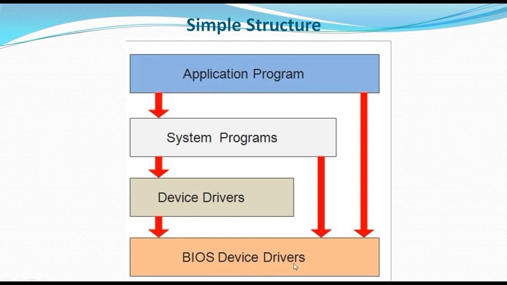In MS-DOS, the interfaces and levels of functionality are not well separated. You can see the user can interact directly, so we say the functionalities are not well separated. Application programs are able to access the basic IO routines to write directly to the display and disk drivers.